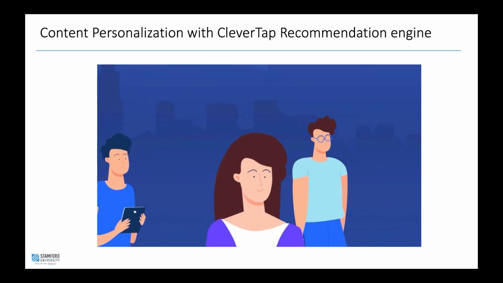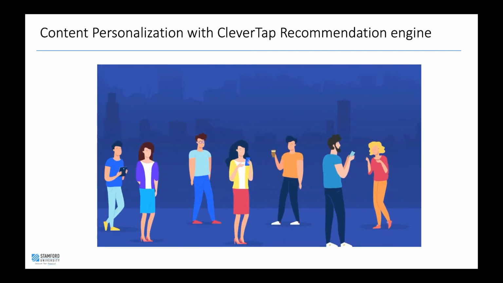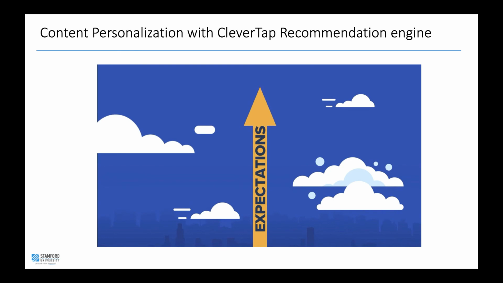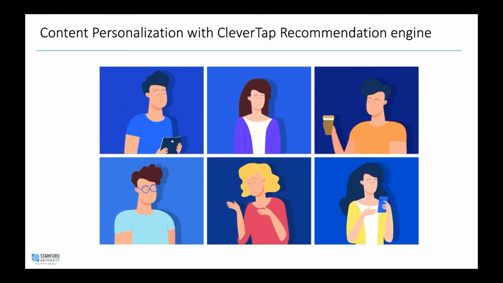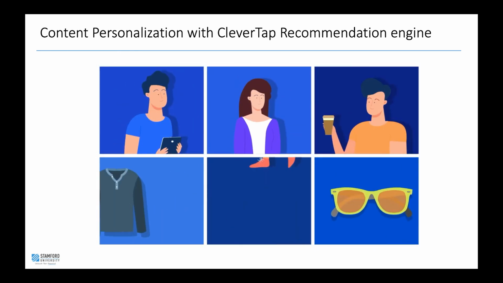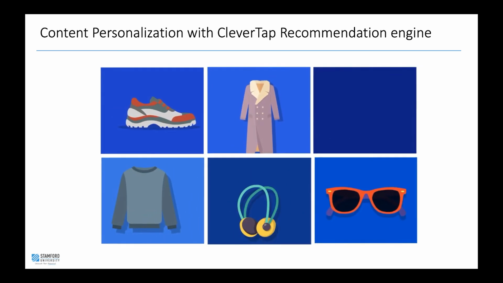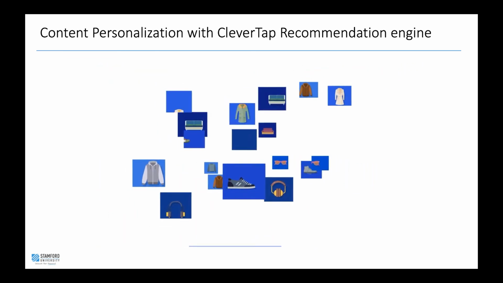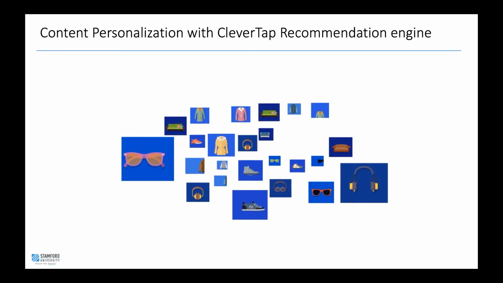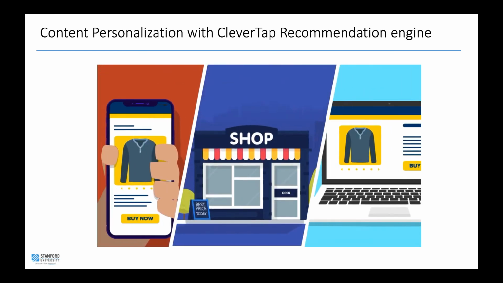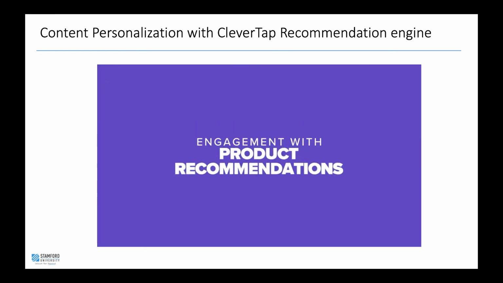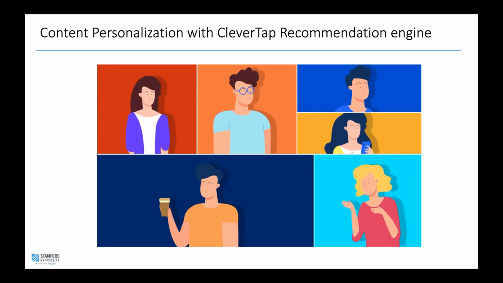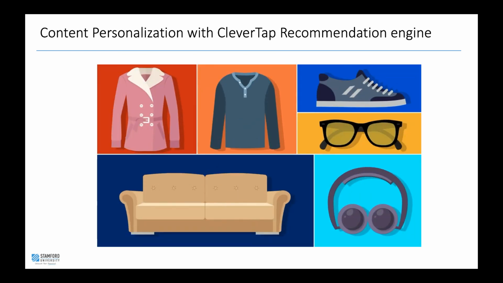No matter what kind of customers you serve, they all have one thing in common: sky-high expectations. Customers expect brands to serve a personalized experience in line with their interests and preferences. However, for marketers, keeping up with the ever-evolving expectations has become increasingly difficult, especially when your customers have unique interactions across various touchpoints. Enter engagement with product recommendations. Now, personalize your marketing campaigns with highly relevant product and content recommendations unique to each customer.